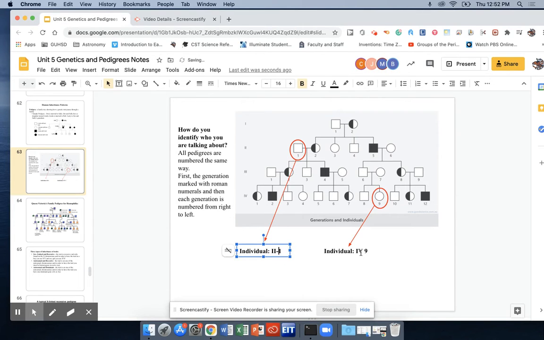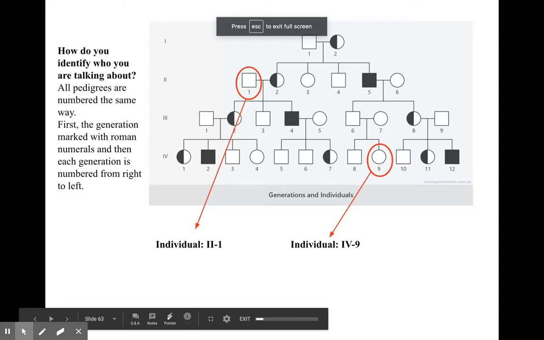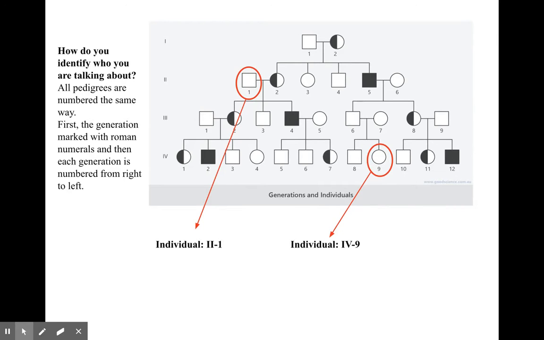But the way the individuals are marked is first by the generation. So we use Roman numerals to mark the generation. So generation 1 is Roman numeral I, right? The second generation, II. The third generation, III. And then IV, right, which stands for 4 in Roman numerals. So first, second, third, fourth generation.